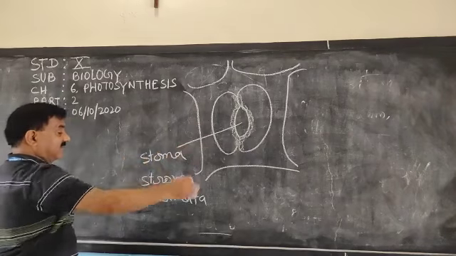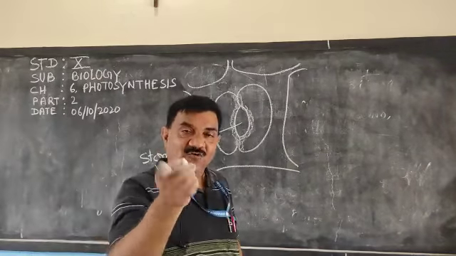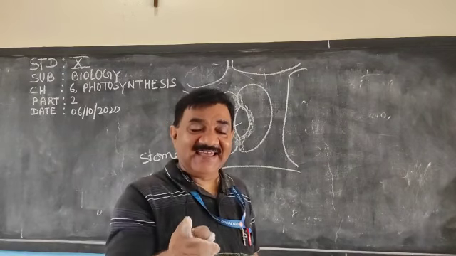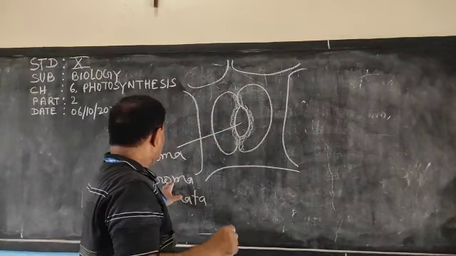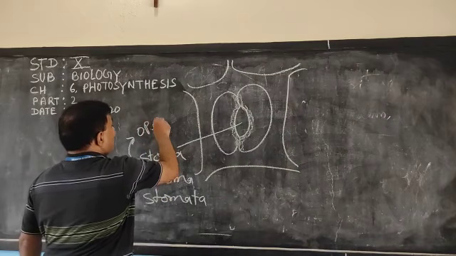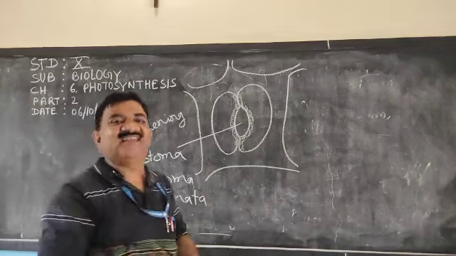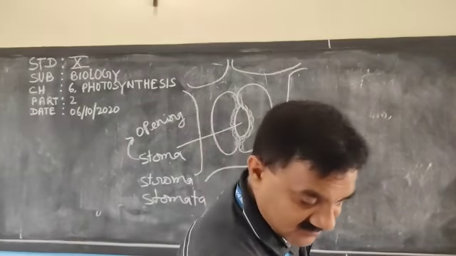Stomata is the whole thing. Stroma we have discussed; stroma and grana are parts of a chloroplast. And stoma is the opening. The opening is called a stoma, not a stroma. See the difference in spelling.